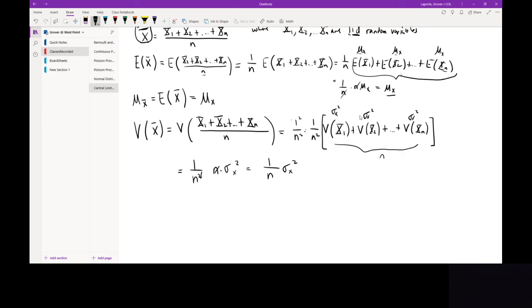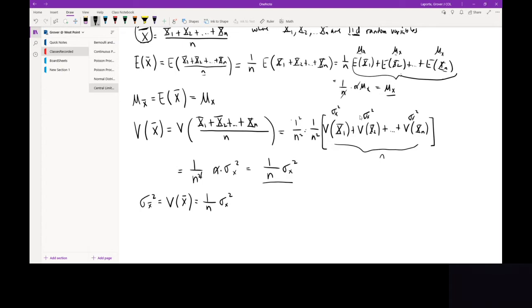One of these would cancel one of those, and you're just left with 1 over n. So it's worth stating: sigma x bar squared, the variance of x bar, which we just calculated, is equal to 1 over n times sigma x squared.